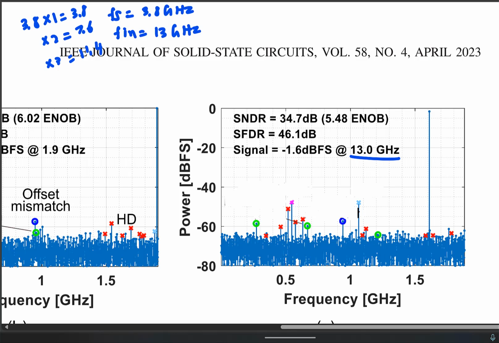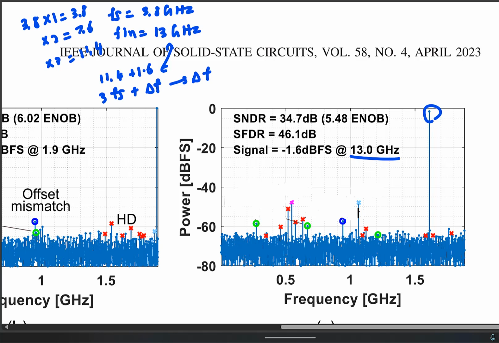So now tell me, where will it fall? Yeah, it is 11.4 plus 1.6 is 13, right? So 11.4 is 3 times Fs. 3 times Fs plus some delta f will alias to delta f, so that's what you have at 1.6.